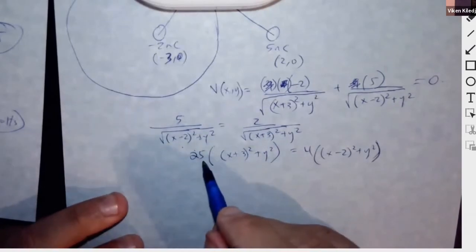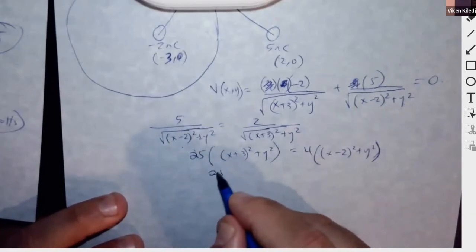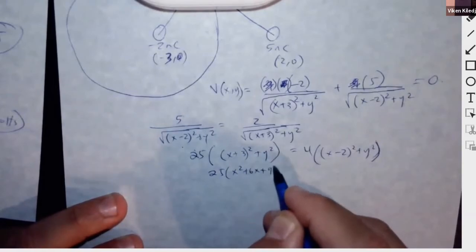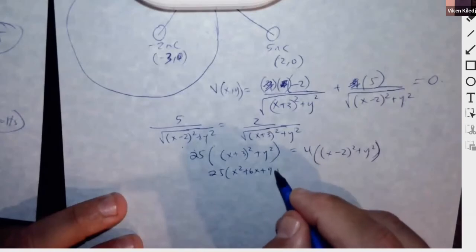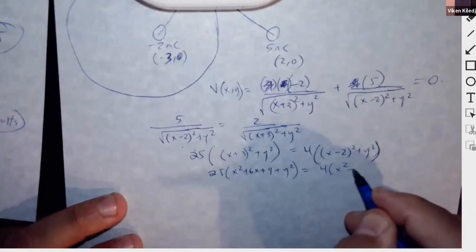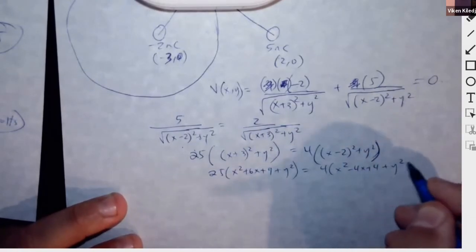Then multiply into 25. So you have x squared plus 6x plus 9 plus y squared is equal to 4x squared minus 4x plus 4 plus y squared.